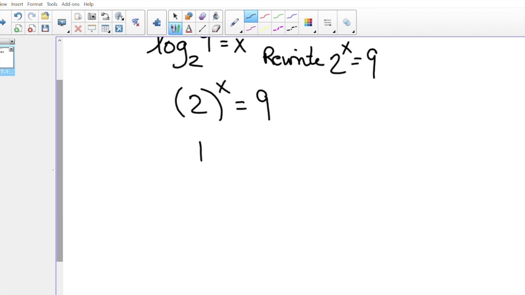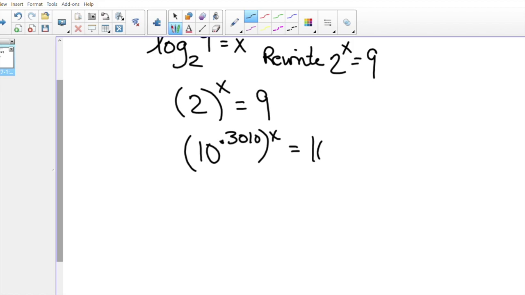So 2 would be rewritten as 10 to the power of 0.3010, and we would also change 9 to a power of 10.